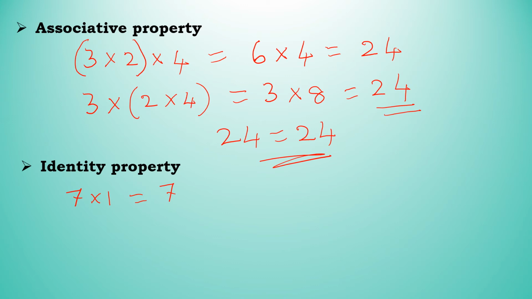How about 1 multiplied by 7? It is also 7. So you can say that when we multiply a number by 1 or when we multiply 1 by a number, the value of the number remains unchanged. So 1 is said to be the identity number of multiplication or multiplicative identity.